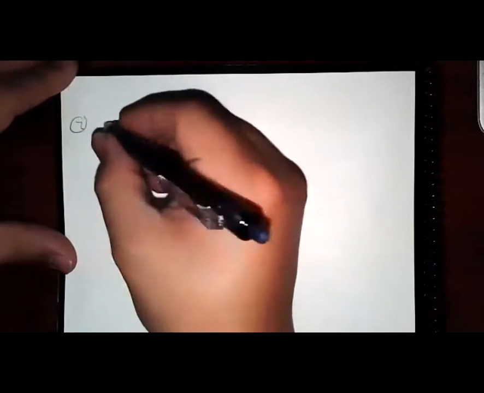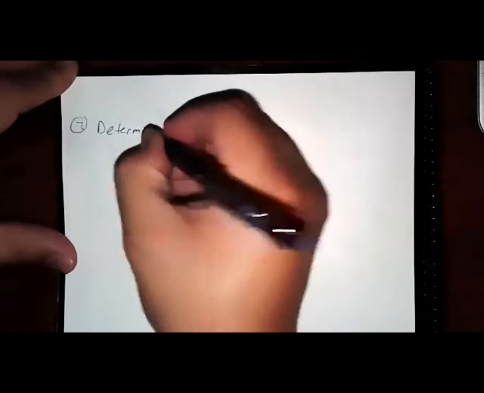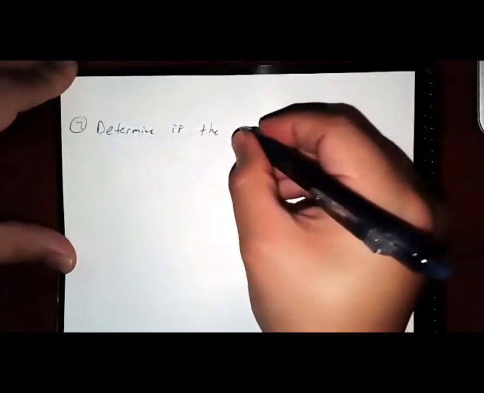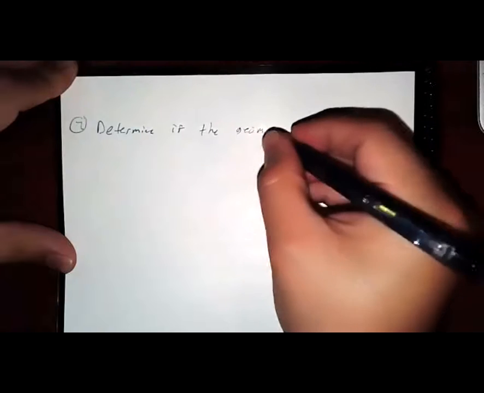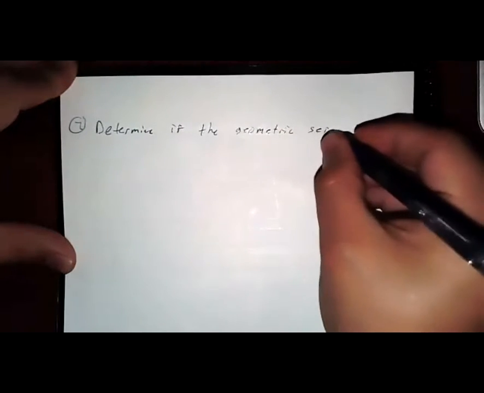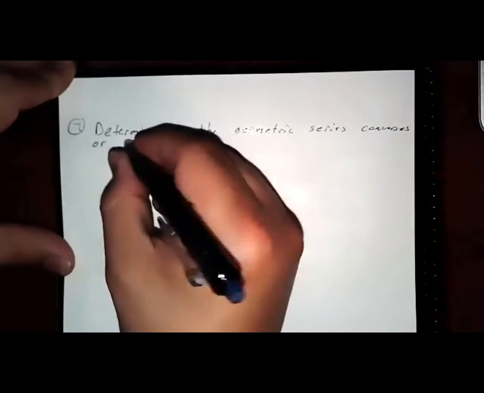Number 7 is another geometric. Determine whether the geometric series converges or diverges.